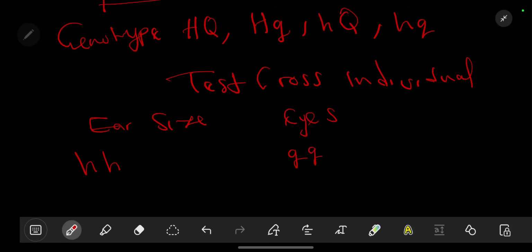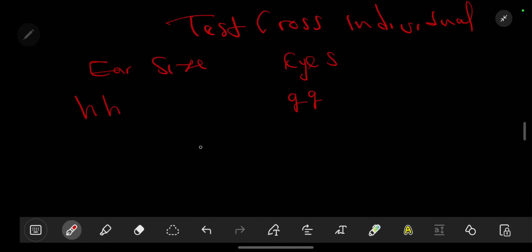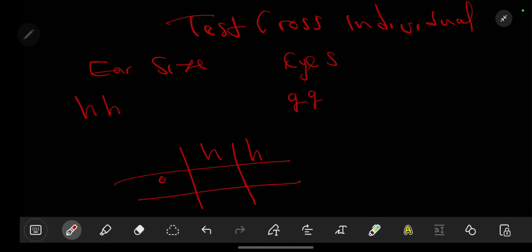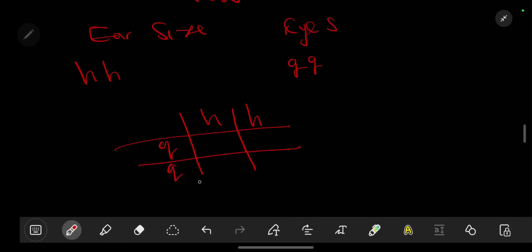So the test cross always has small letters. We fuse them like that. We have our H there, we have our H there. Then on this other side, we have our Q and our Q.